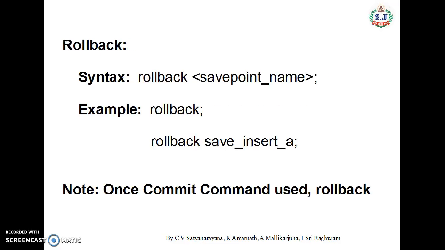Then rollback is used to undo whatever you have done previously. The syntax is rollback save point name, or you may give only rollback, and whatever you have done previously will be undone. Once the commit command is used, the rollback command will not work.